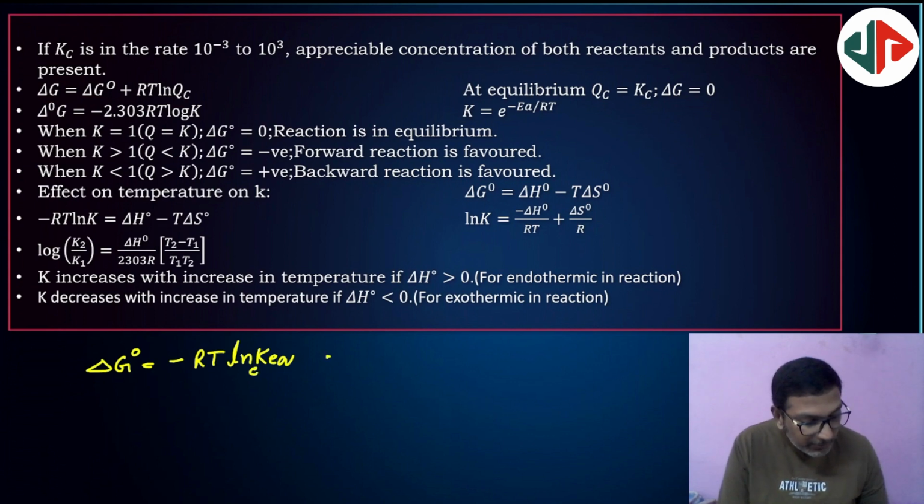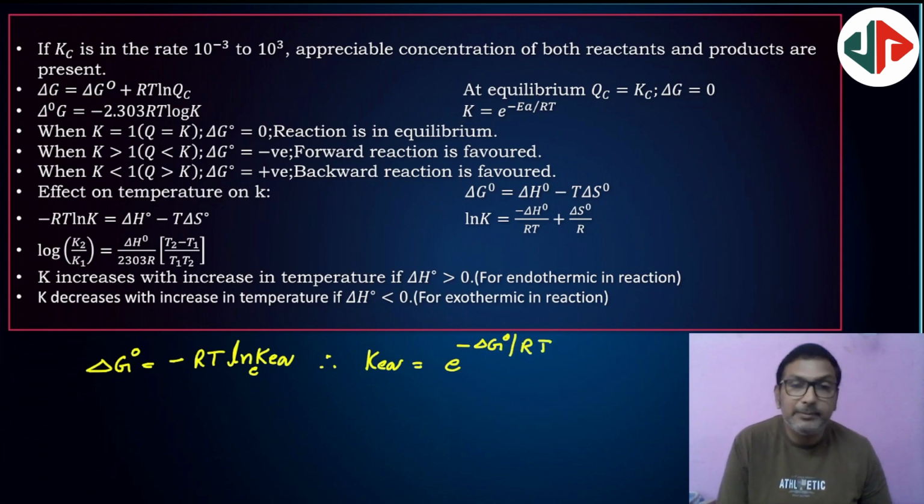Therefore K equilibrium equals e power minus delta G naught by RT. Very important. Based on this we can calculate the equilibrium constant.